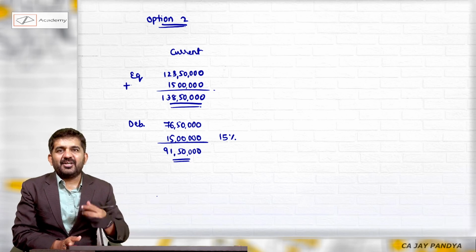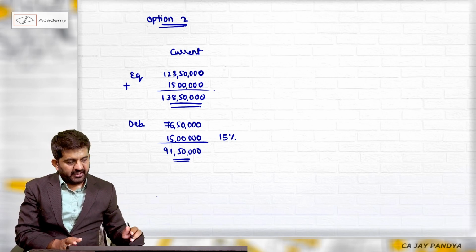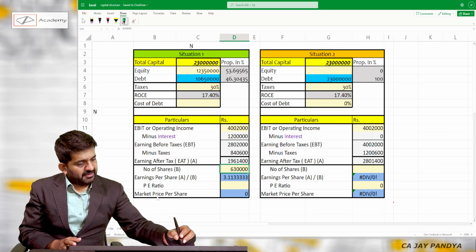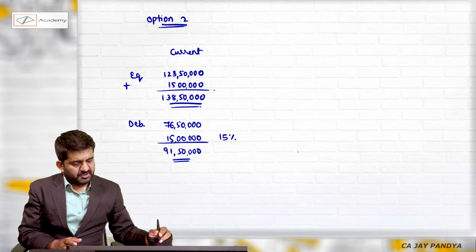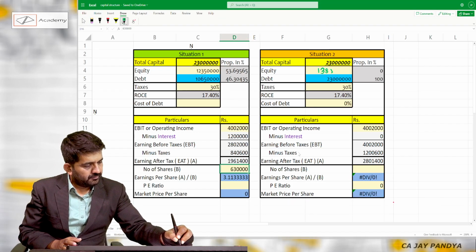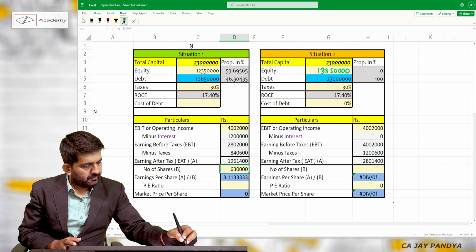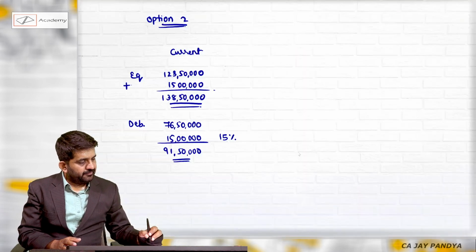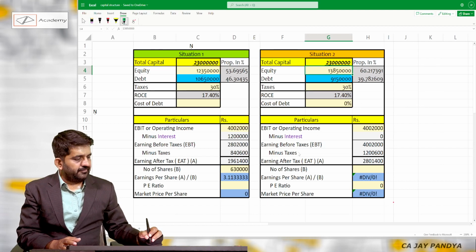Total will be total capital employed, which we have already calculated, but let me put in those figures. So total capital employed is 2 crore 30 lakhs, out of which equity is 138.50. And so debt should be 9150.